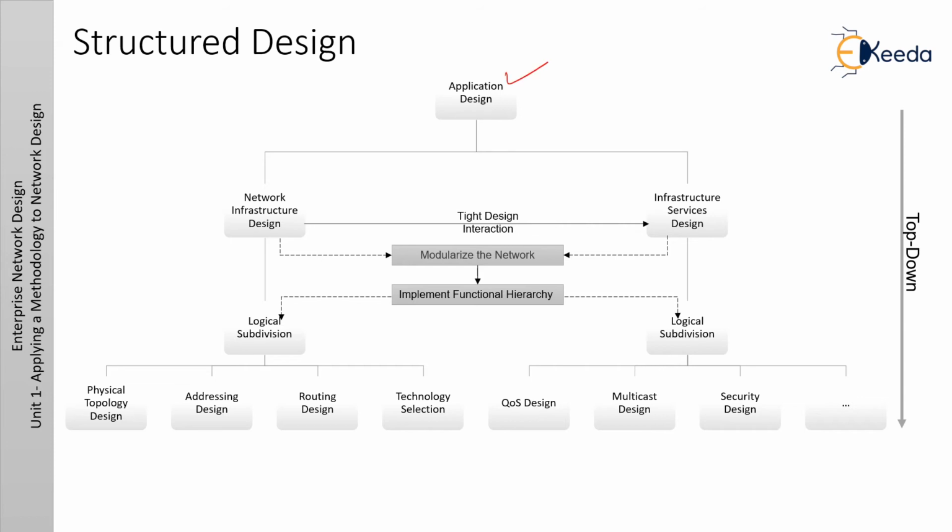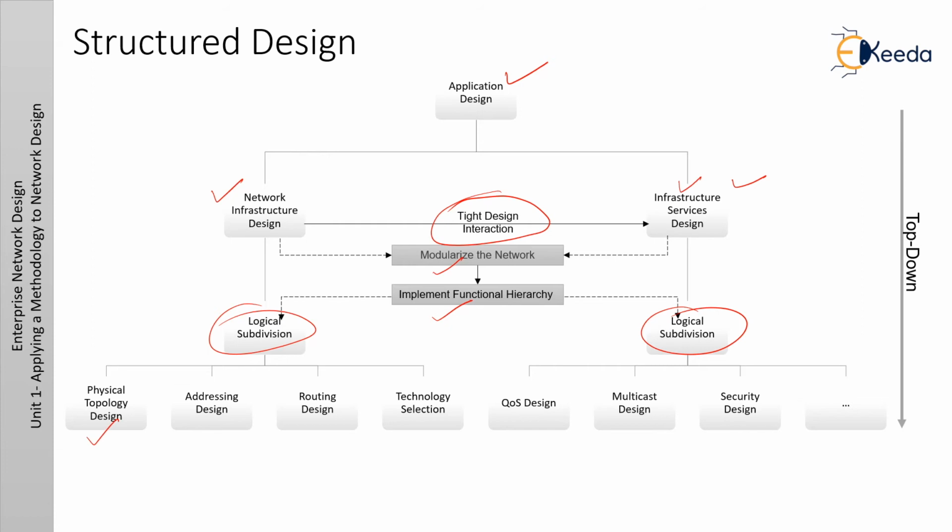Initially we start with application design, then network infrastructure design and infrastructure service design. Already seen that this is site design interaction. Modularize the network, implement functional hierarchy. So logical subdivisions of these things are given. This is for infrastructure service and this is for network infrastructure.